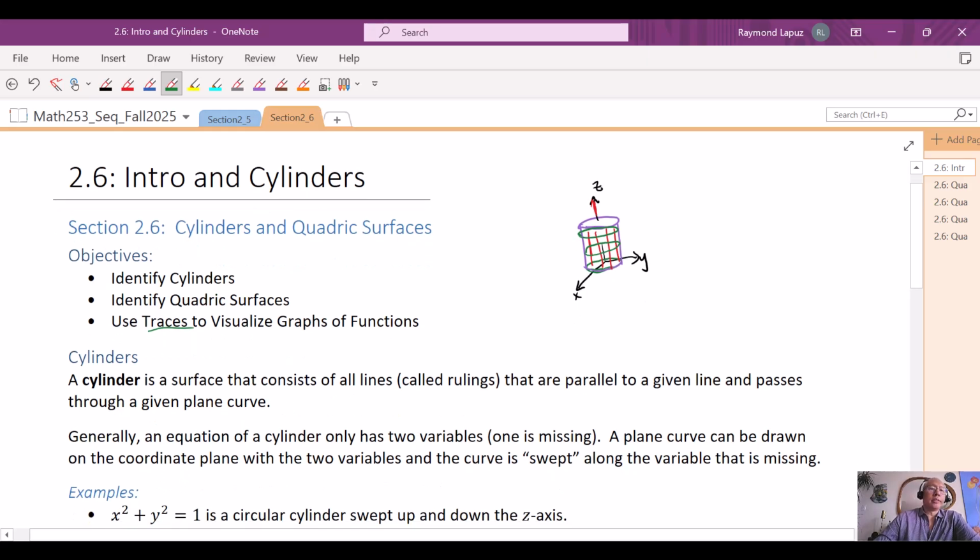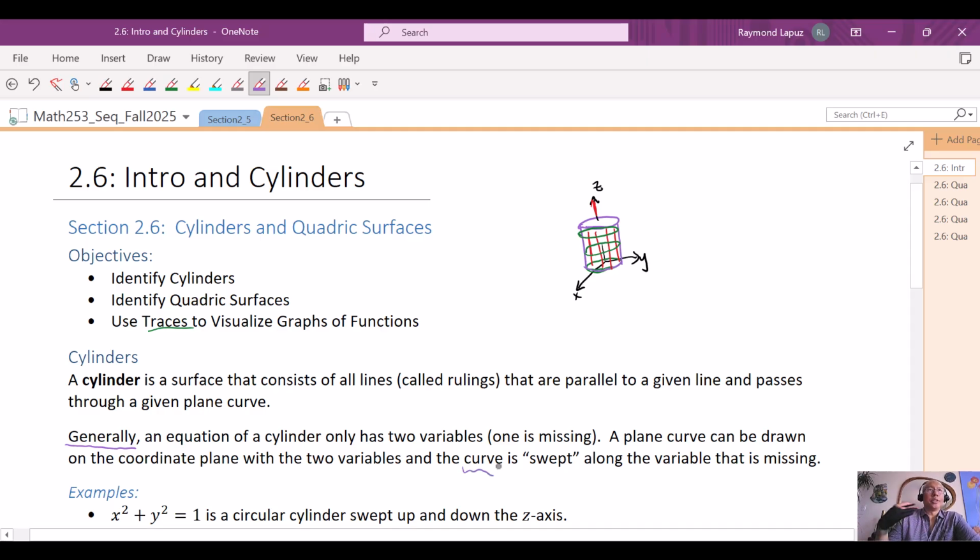Generally, for me, I think about a cylinder this way: if I'm given an equation, I look at the equation and notice that one of the variables is missing. So what I would do is take the other two variables, and on that coordinate plane, draw whatever two-dimensional shape it is.